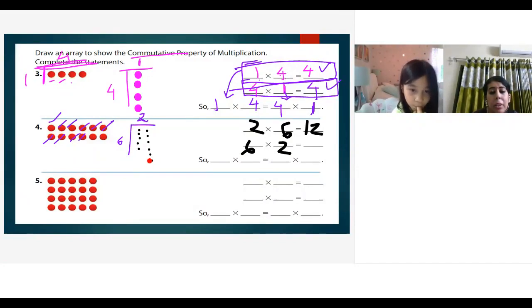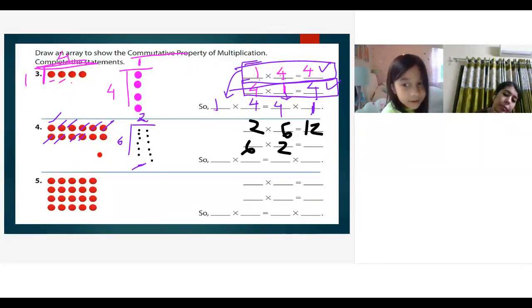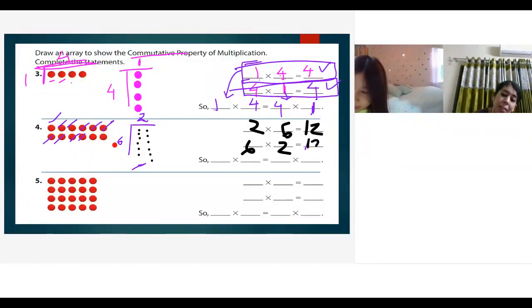Here one is missing. So now you can see. Now you can count them up. How many counters? 1, 2, 3, 4, 5, 6, 7, 8, 9, 10, 11, 12. So you can now write the answer as 12.